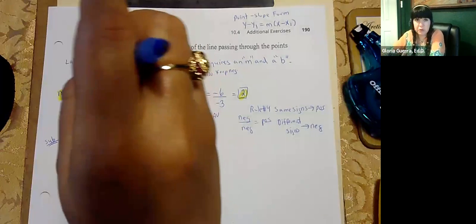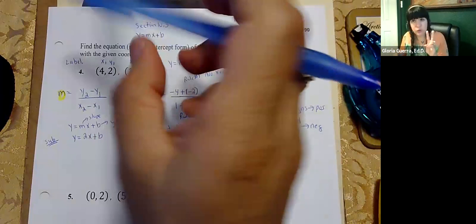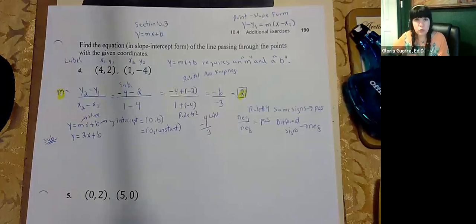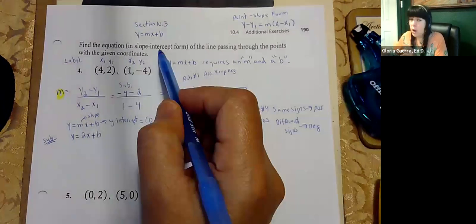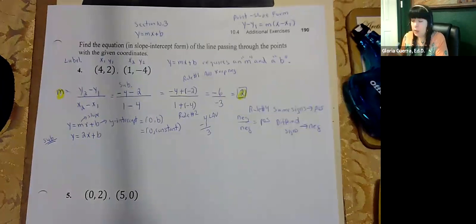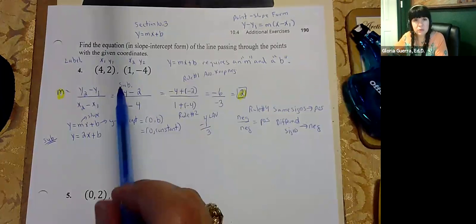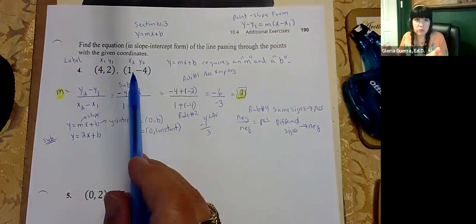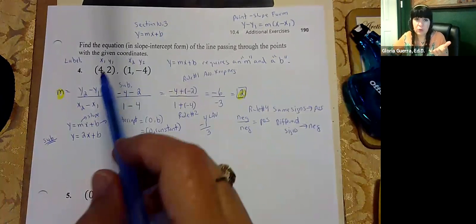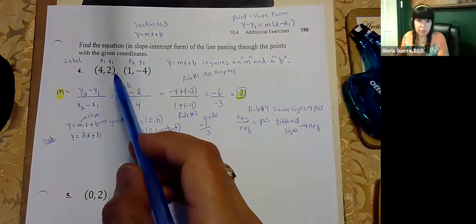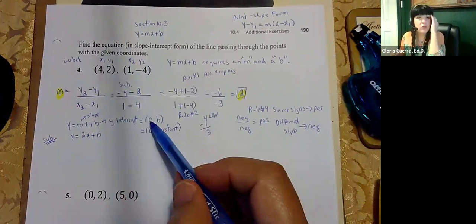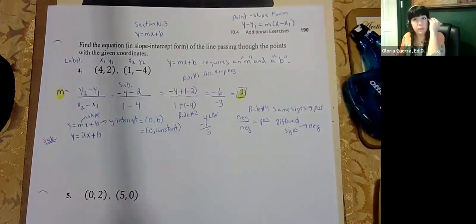These are points, but they're not intercepts in math. There's 2 intercepts. There's an x-intercept, and slope-intercept form uses the y-intercept, not the x-intercept. But none of these are intercepts. See, there's no 0 here and no 0 there. So those are not b's. You cannot say 2 is a b. You cannot say -4 is a b, because you don't have 0 here. So you have to find b.